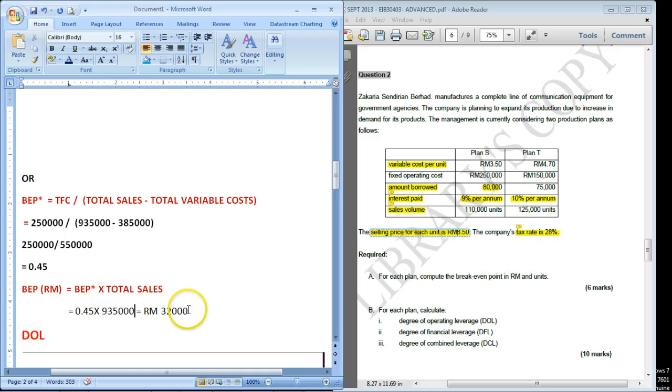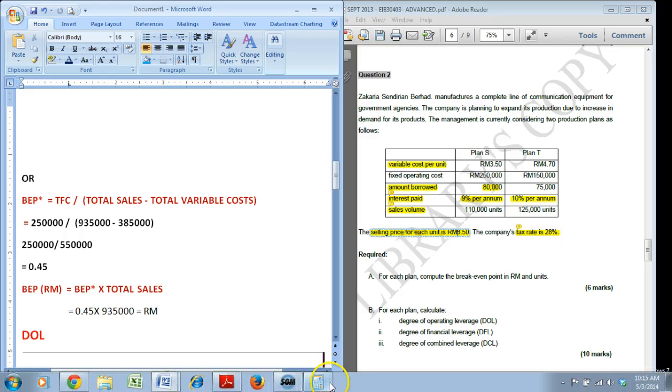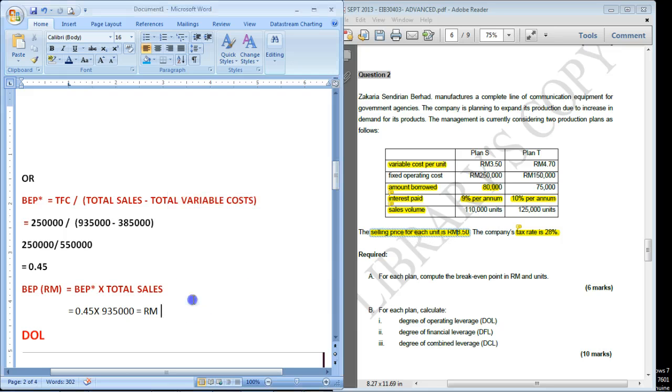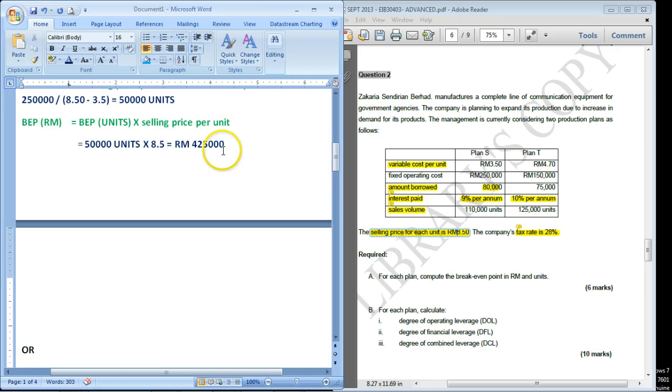So how to calculate? Come, we try to calculate. Times 0.45 times 935,000, then you will get 425,000.